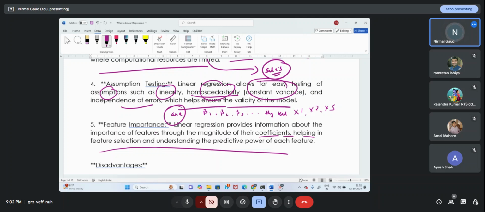If the coefficient value is very, very small, then if I multiply the feature with such a coefficient, its value will be very small, so the importance of this feature will be down. But if the coefficient value is larger, then the feature will be important because the result will be larger. Okay, these are the advantages.